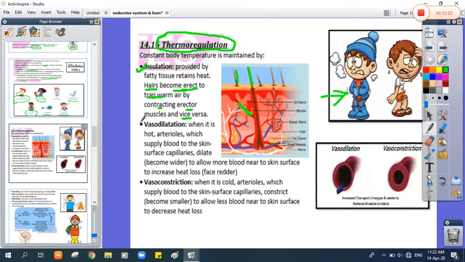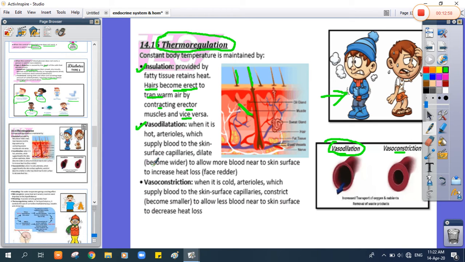Another property here is called vasodilation. What is vasodilation? Here you can see two opposite properties: vasodilation and vasoconstriction. What is the difference between them? In vasodilation, you can notice that the arterioles and the blood capillaries inside your body become wider.